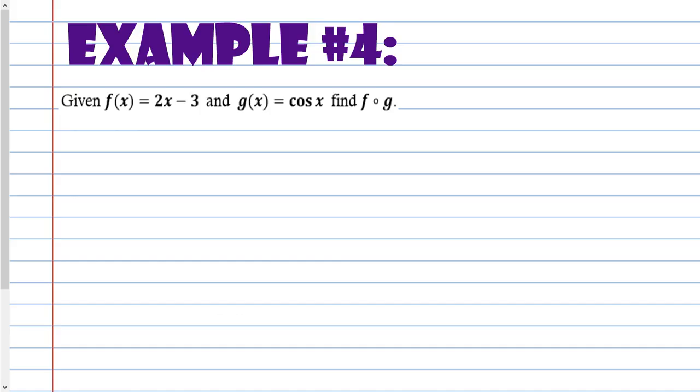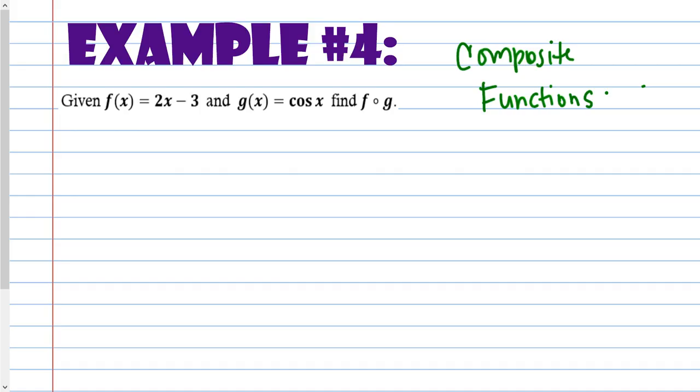Okay, so on the left of your note there, you might want to write composite functions. Composite functions are just a function composed of 2 other functions, and that's why it's called a composite function.